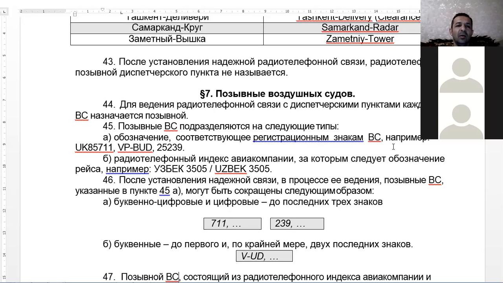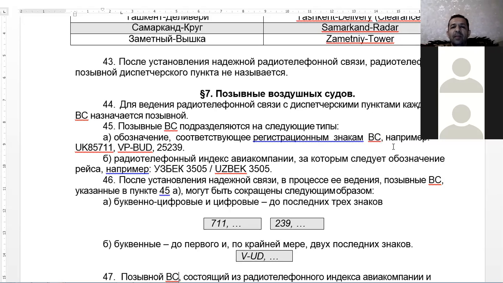In the first contact, it's required that pilots use the full call sign. After communication is established, the next requests may be made with a short call sign. For example, Uzbek 3505 may be called 3505, or Uniform Kilo 85711 may be called 711.